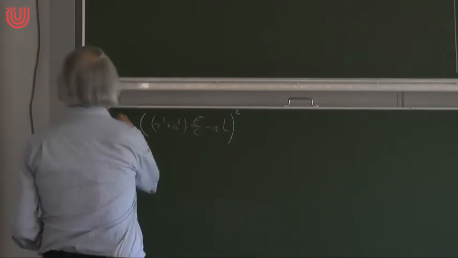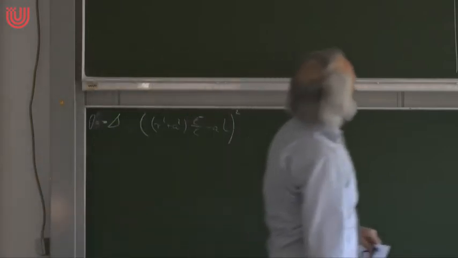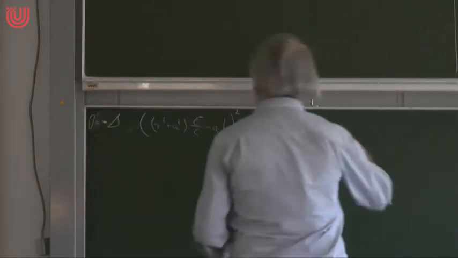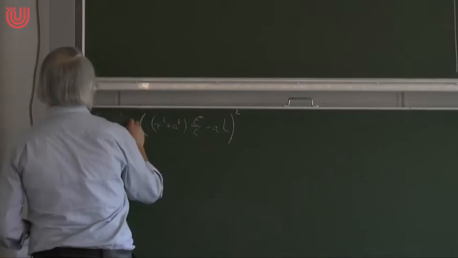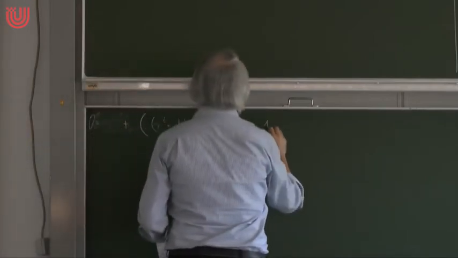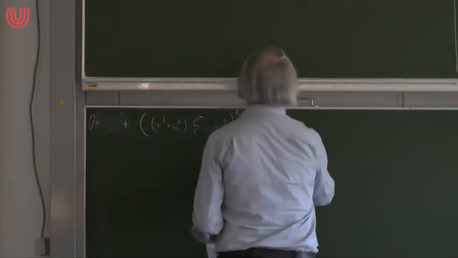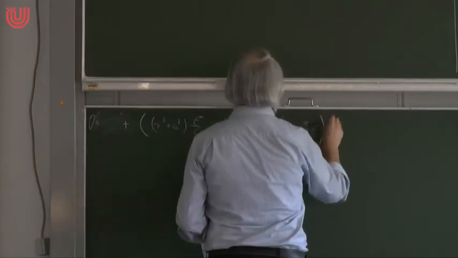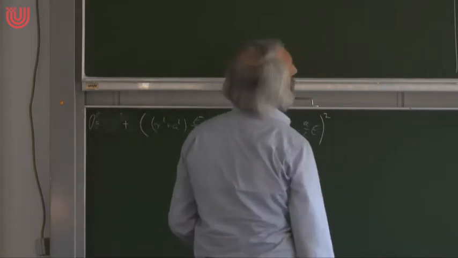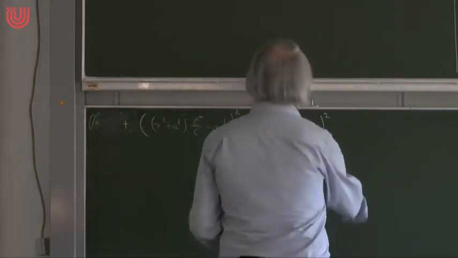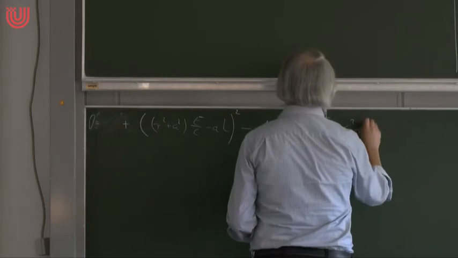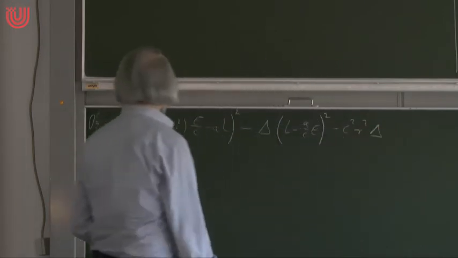Minus delta k, and k I've already calculated; k was L minus a over c E, squared. And the last term is minus c squared r squared delta.